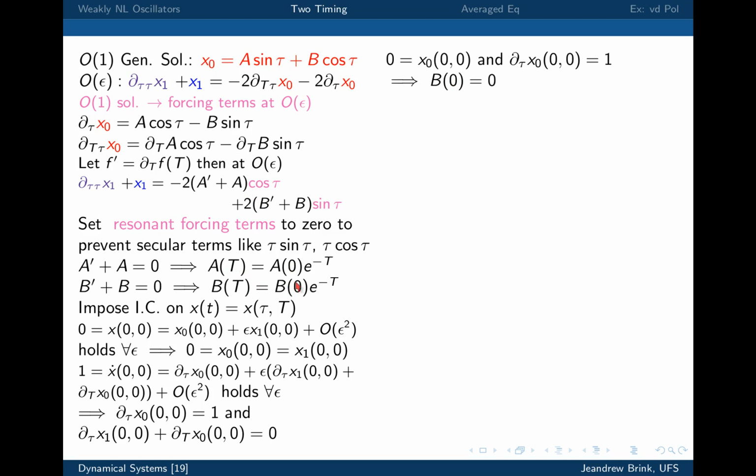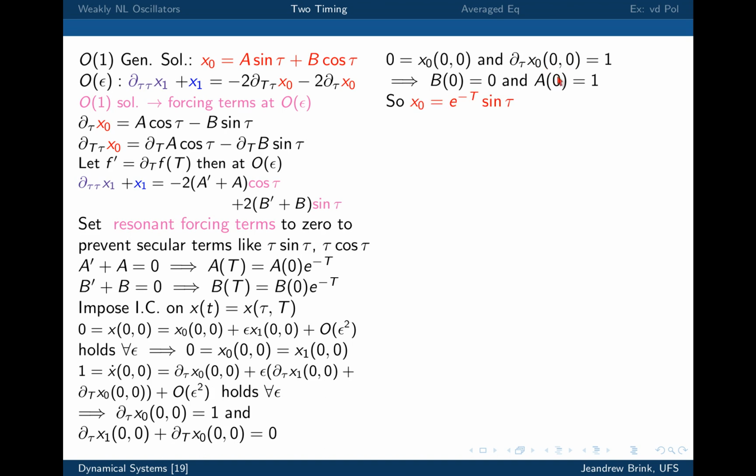If x of 0 is 0, then the coefficient of cos has got to be 0, so b0 equals 0. And if the fast time derivative of x0 is 1 at the origin, it sets a equal to 1.